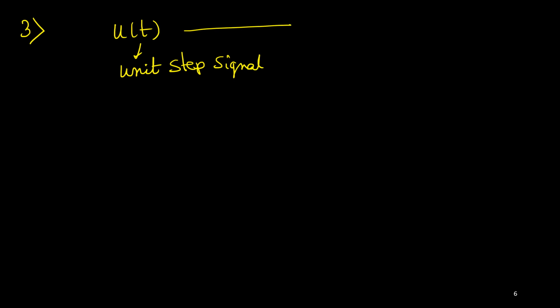Now I'll consider one more case. U(t), we know, is the unit step signal, and what is its Fourier transform? How to find it? Can I find the Fourier transform of U(t) using the differentiation property? That is interesting.